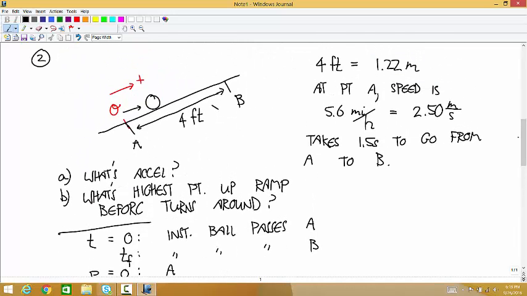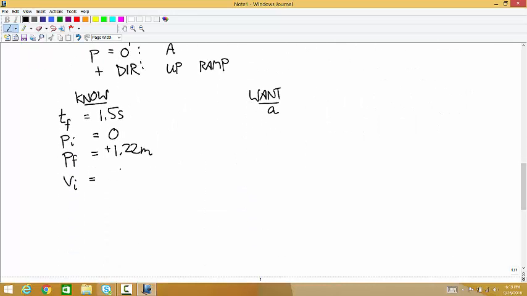The speed is 5.6 miles per hour, so 2.5 meters per second. And that's in the positive direction. And then V final, we don't know, but we don't care.